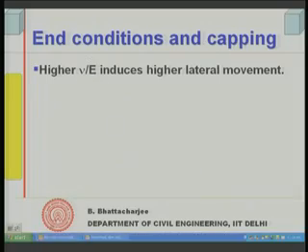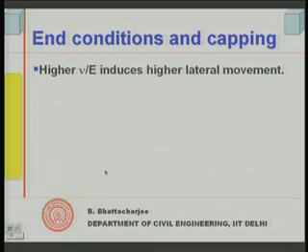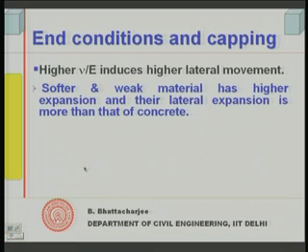On the other hand, if I have lower Poisson's ratio to modulus of elasticity of the capping material, then this will be stiff, it will not move in the transverse direction and it will not allow concrete to move, it will actually induce higher restraint onto the lateral movement of concrete, thereby apparent strength will increase.